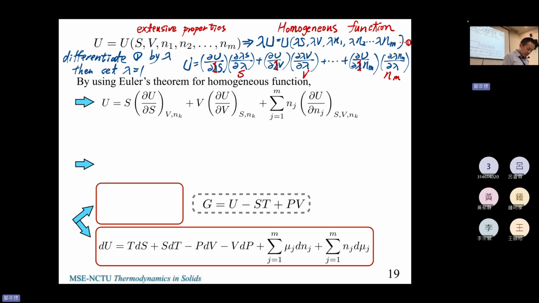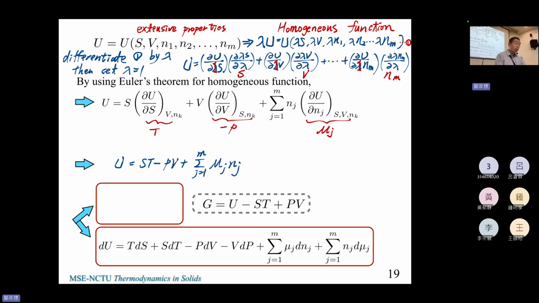And you know that this is temperature, and this is minus P, and this is mu j. So U equals ST minus PV plus the sum from j equals 1 to m of mu j nj.